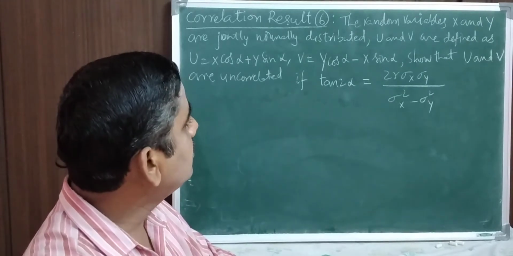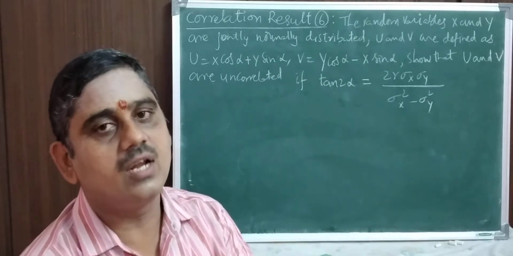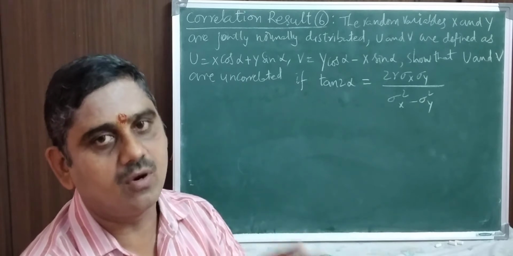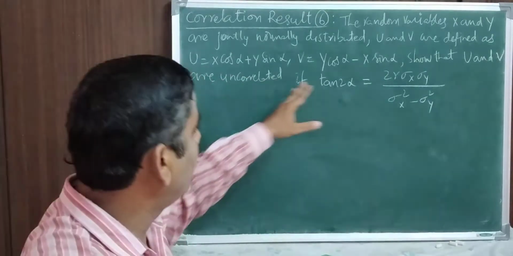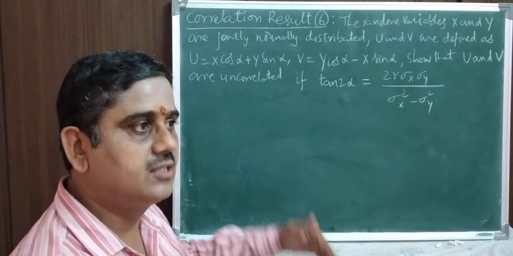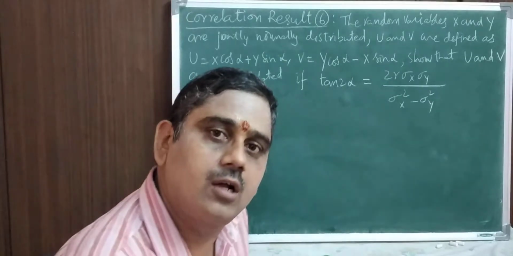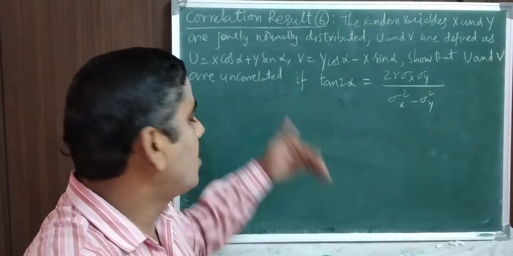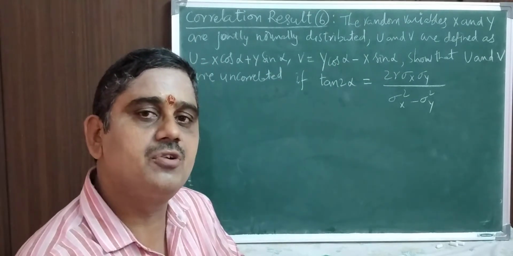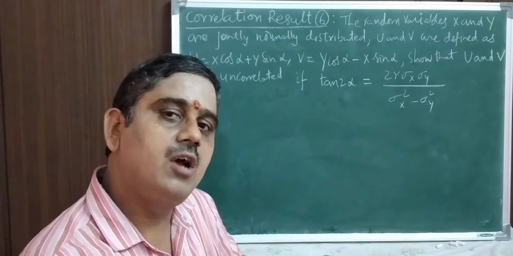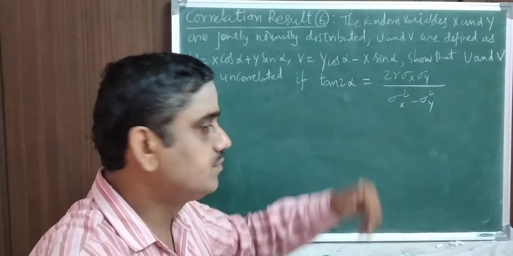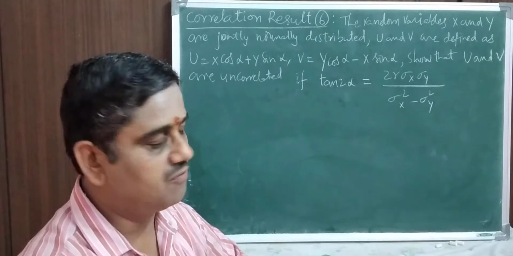So there are two relations which were given to us. One is u and another one is v. You have to consider that u and v are uncorrelated, that is r_uv is equal to 0, and we have to prove this particular result, tan 2 alpha. Right?